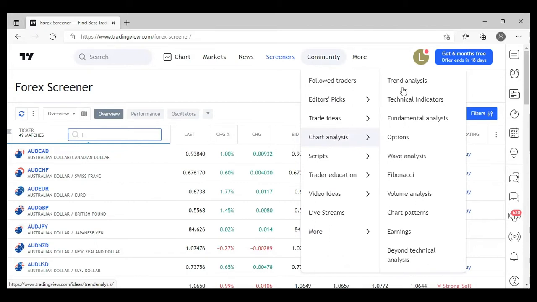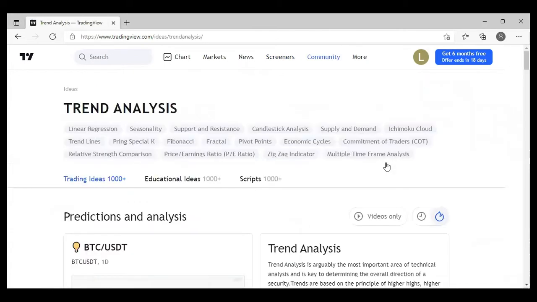So in case you want to learn more outside of my beginner series class, you can just come here and start looking at what content is being shared in this chart analysis. Let me click just one so that you guys can have an idea. I'll look at trend analysis, and so this is it.